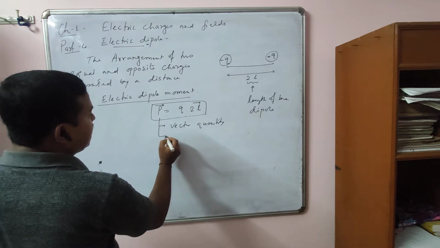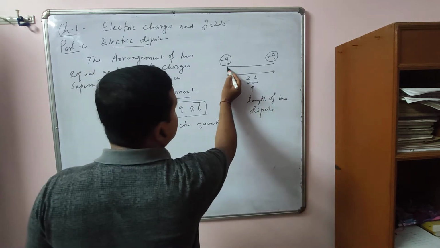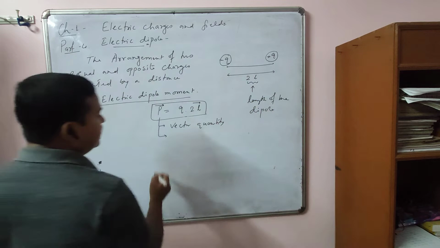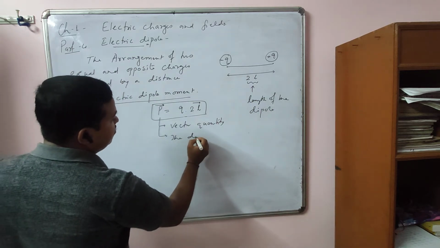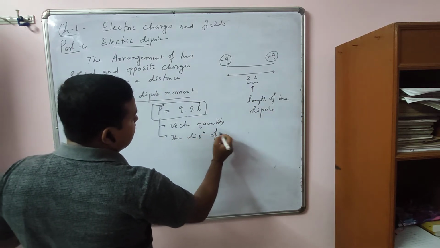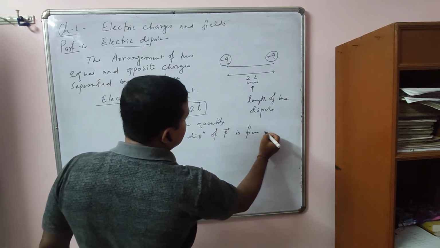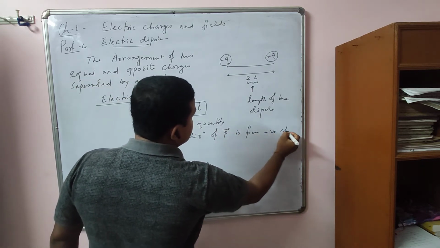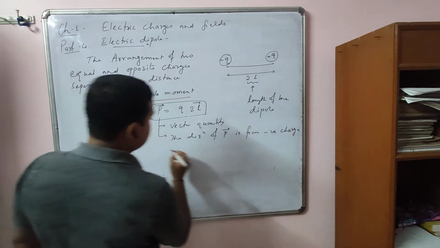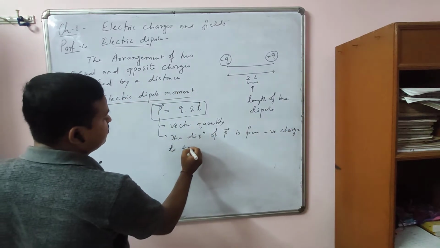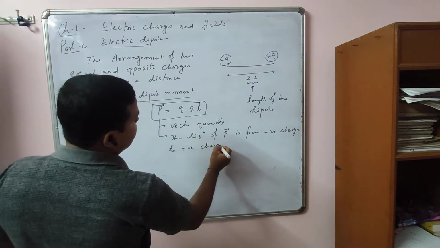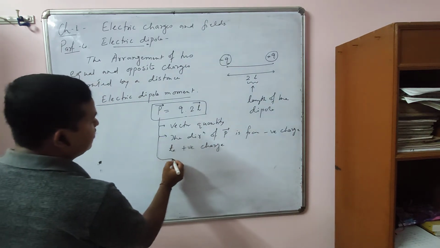And what is the direction of the dipole moment? It is from negative charge to positive charge. This is by convention. Okay. And what is its unit?